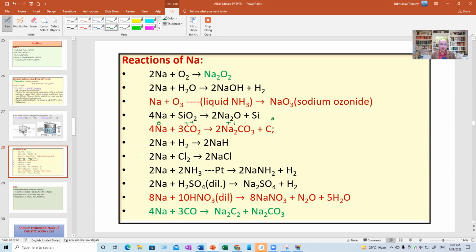Even very bright students will see the chapter on alkali metals and be simply intimidated. There is no necessity, because things are studied so many times in different chapters that there is no need to write everything of a particular element or metal.